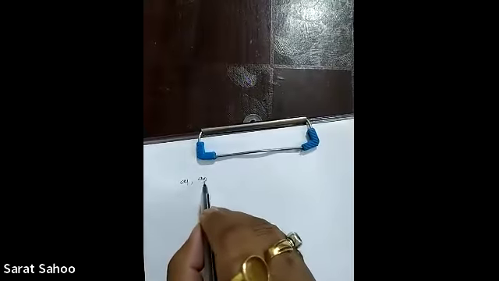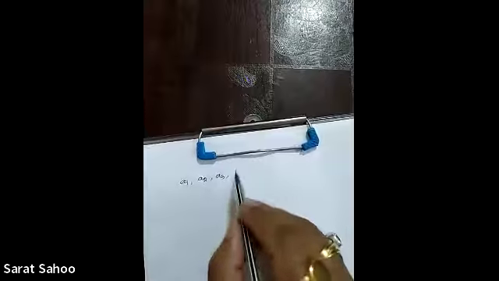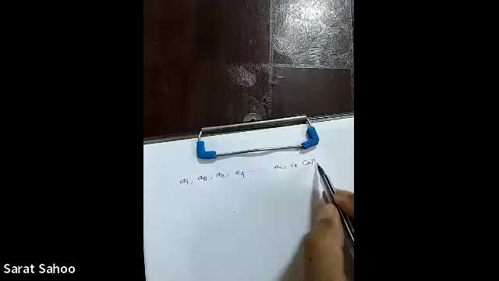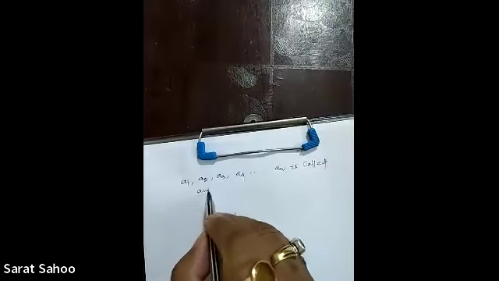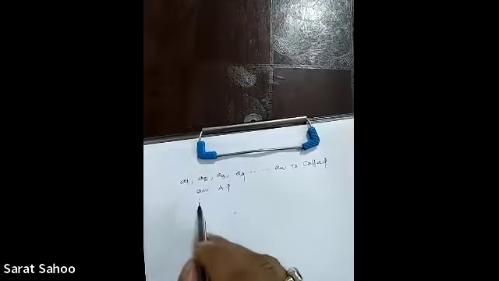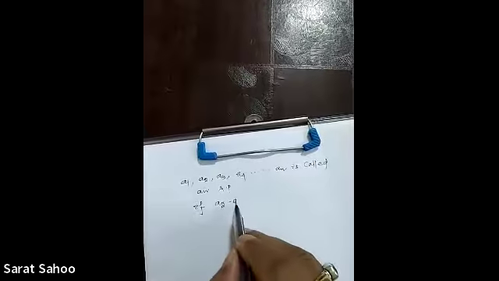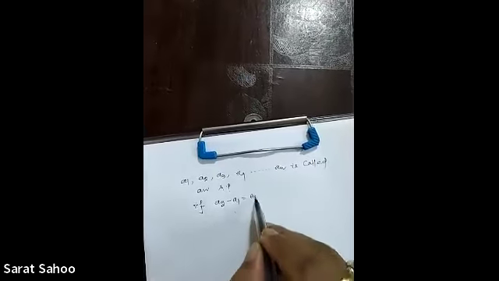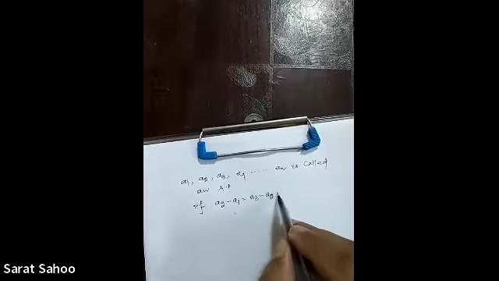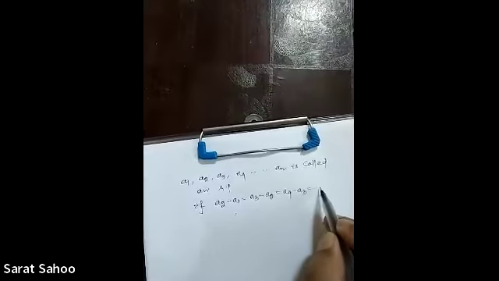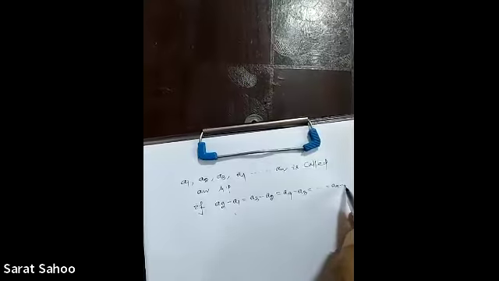So A1, A2, A3, A4 up to An is called an AP if A2 minus A1 is equal to A3 minus A2 equals A4 minus A3 equals up to An minus An minus 1.